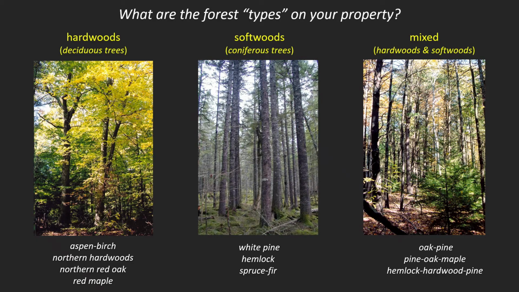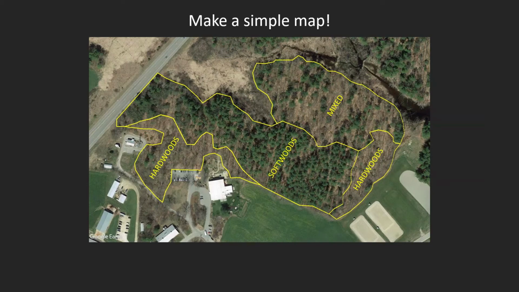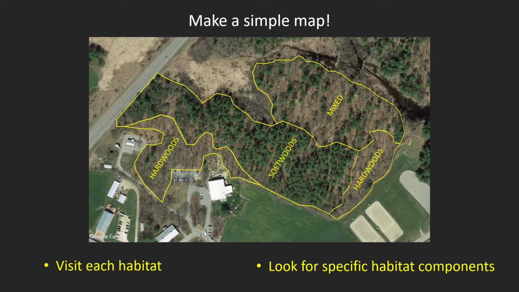So knowing how to identify the different tree species is very helpful, but it's not super important at this stage. Ideally, you would make a simple map that indicates where different hardwood, softwood, or mixed forest habitats are on your property. Next, visit each of these areas to look for the presence or absence of the following habitat components.